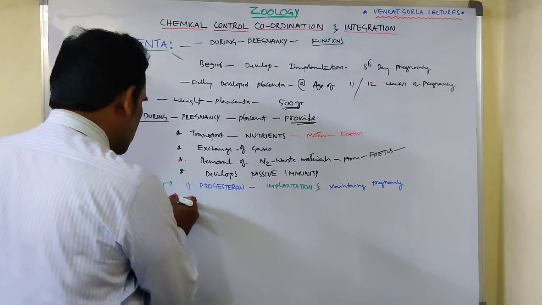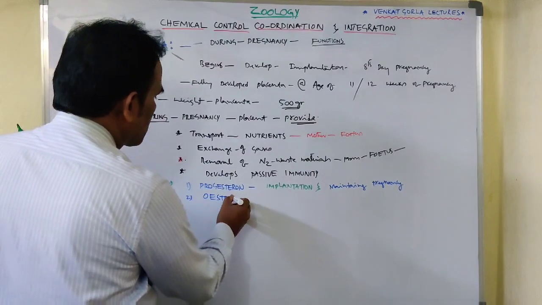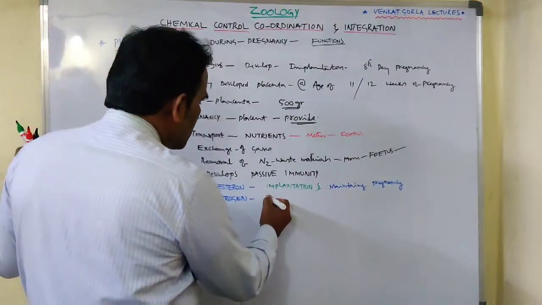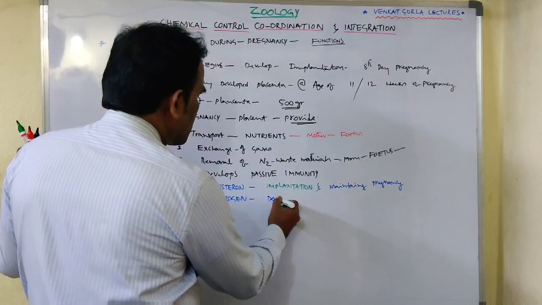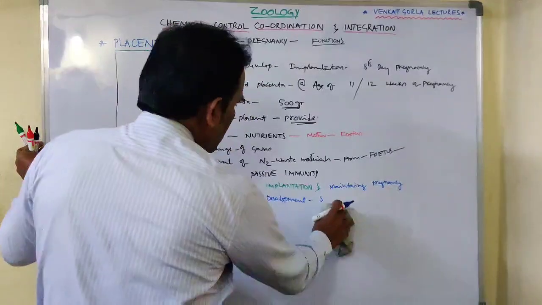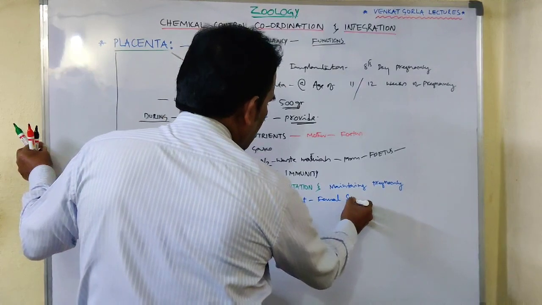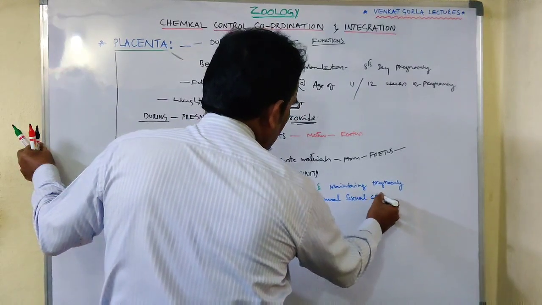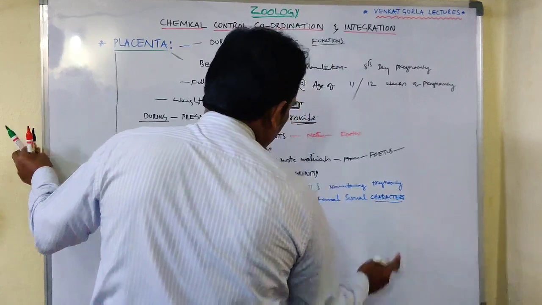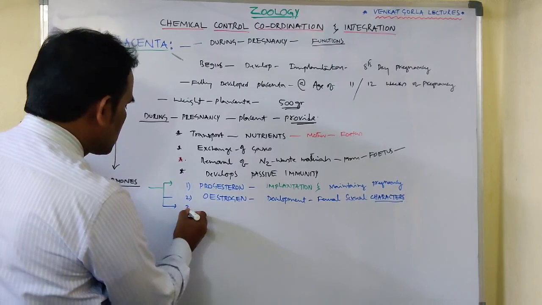Another hormone is estrogen, secreted by the placenta, which mainly helps in the development of female sexual characteristics.